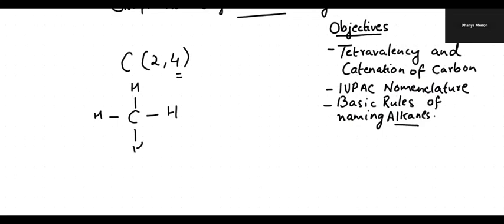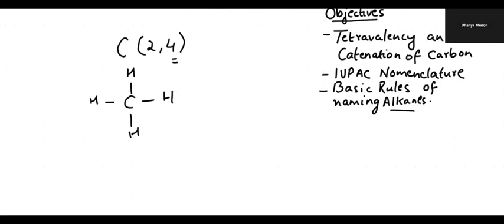It also forms bonds with other carbon atoms. And because it has to satisfy the 4 valencies, it is called tetravalency. So this is 1, 2, 3, 4. It is called tetravalency because it has to satisfy 4 valencies.